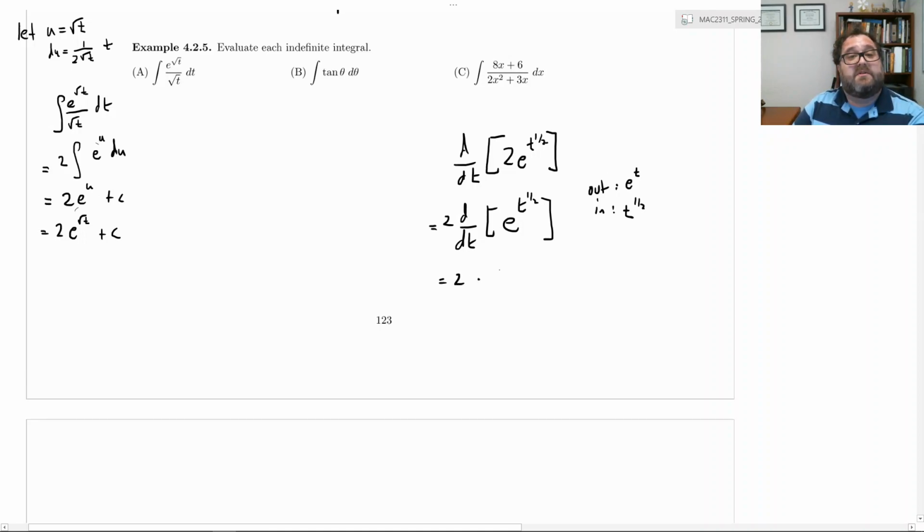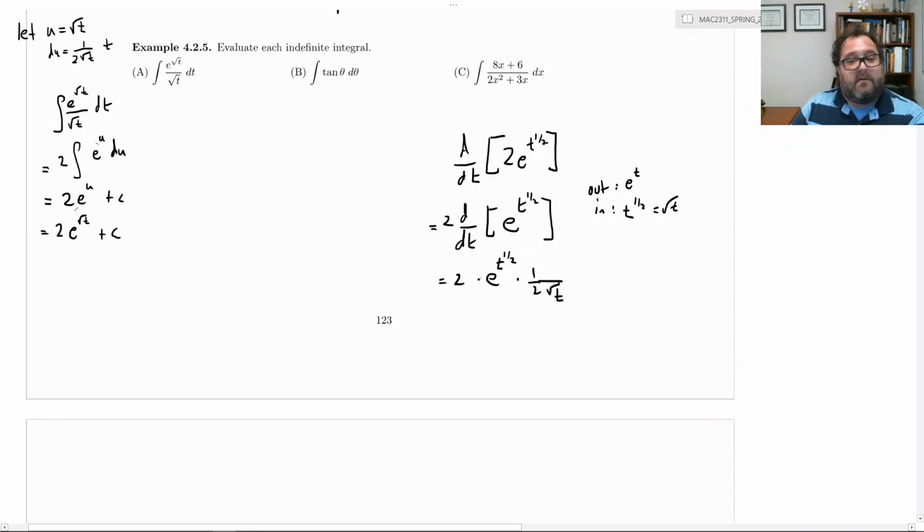We have 2 times the derivative of the outside function, e to the t, but then we evaluate it at the inside function, so we replace the t with the t to the 1/2, and then we multiply by the derivative of the inside function, square root of t. And what's the derivative of square root of t? We know it's 1/2 times t to the negative 1/2 power. In other words, it's 1 over 2 square roots of t.